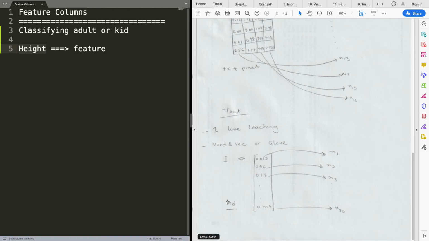If you are using a word embedding of size 30, which means you have 30 values in your word vector, each of the values represents what you refer to as a feature. So in this case, you are going to have 30 features.